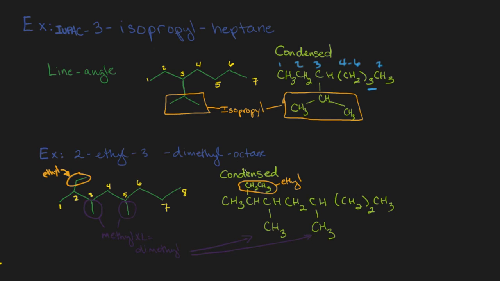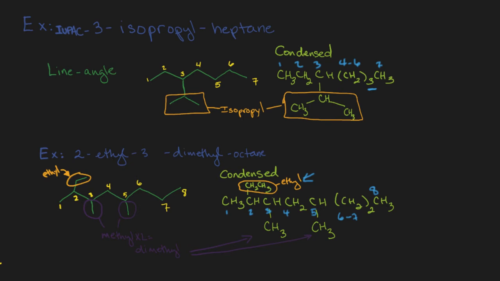We have octane, so that's 8 carbons. So here's 1, 2, 3 along the main chain, 4, 5. Then 6 and 7 are right here because of that subscript of 2. And then there's your 8th carbon. And then there's an ethyl group on the 2nd carbon, looks like, and 3. Ooh, I forgot the 3-3, right?